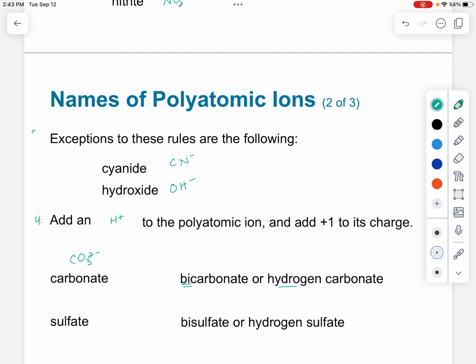But because I'm adding a +1, my overall charge becomes more positive. So instead of being -2, it's -1. So bicarbonate is HCO3 1-. Sulfate is SO4 2-. Bisulfate would be HSO4 1-.